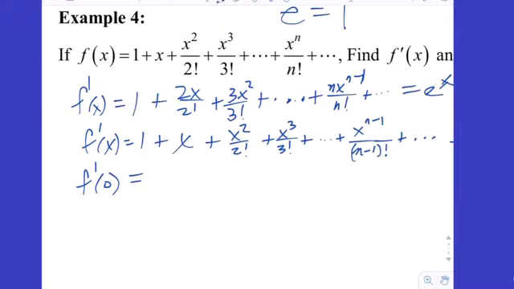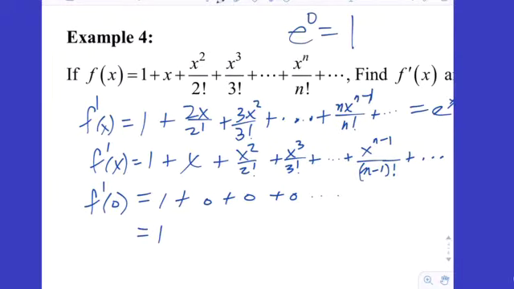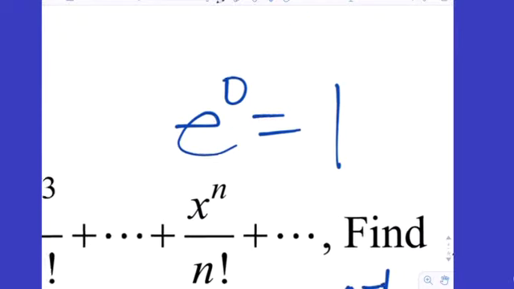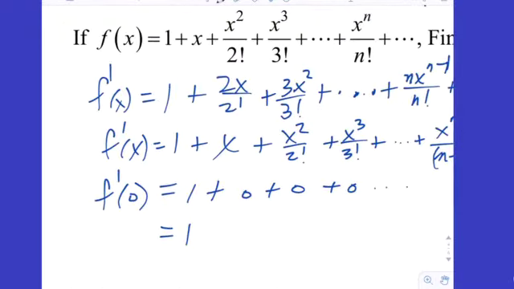It should also be 1. So that's 1 plus 0 plus 0 plus 0 forevermore, and lo and behold, it's 1. Okay, nice. Yeah, if you wanted to plug in e, you would get e to the e's power. And if you did f prime of e, you'd get 1 plus e squared over e factorial, which ends up being e to the e's power.